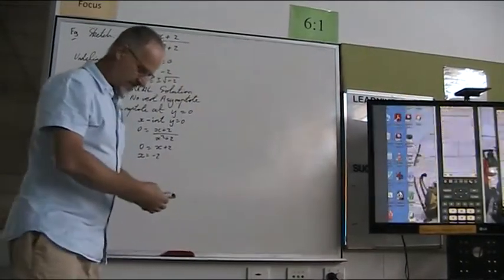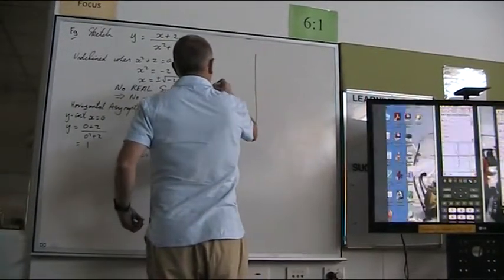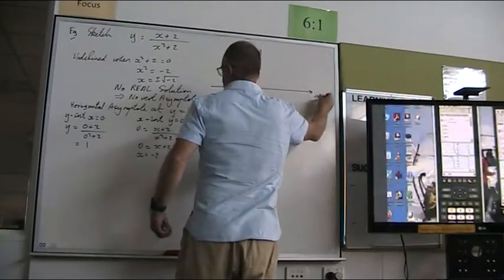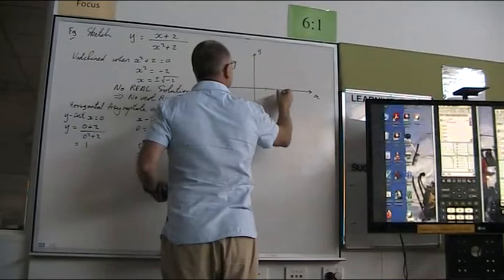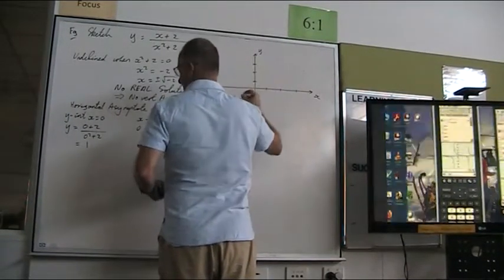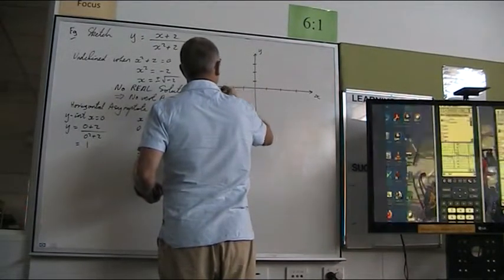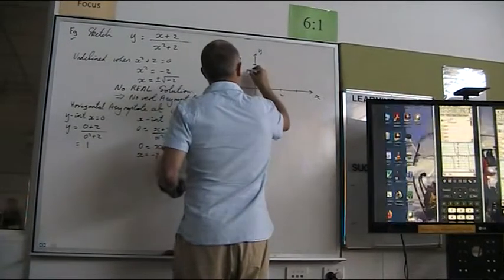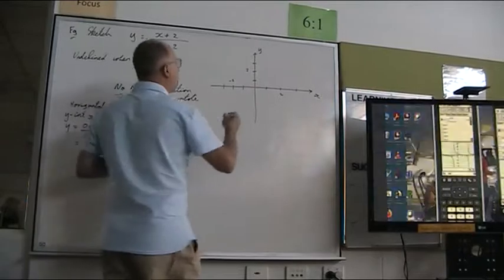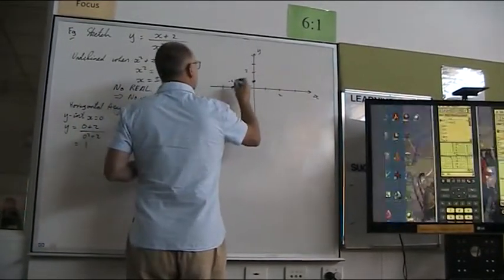Now, where are we? We draw my graph, and we know we're going through y is 1, x is -2.